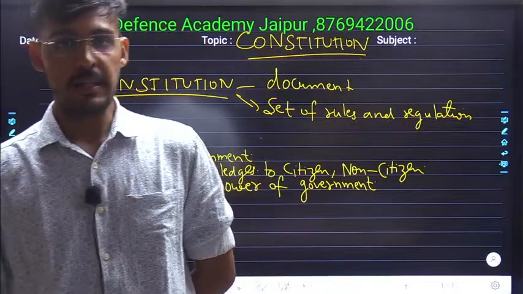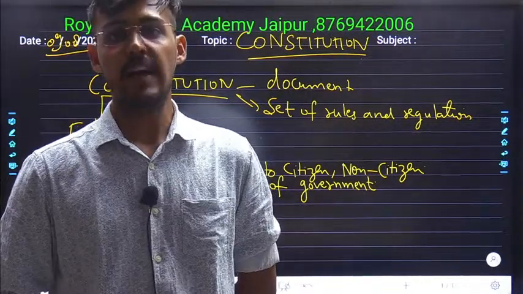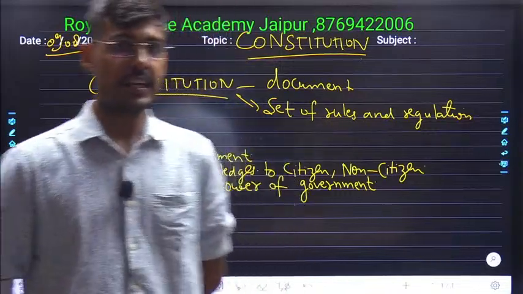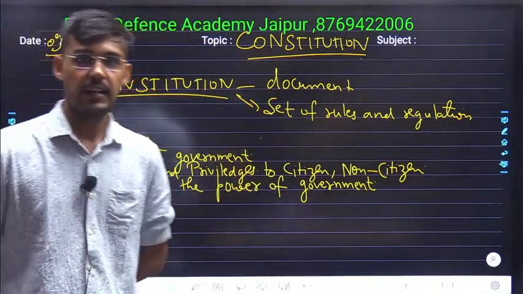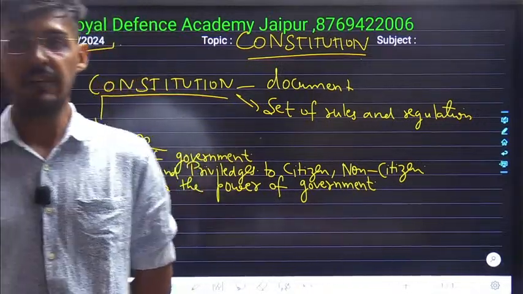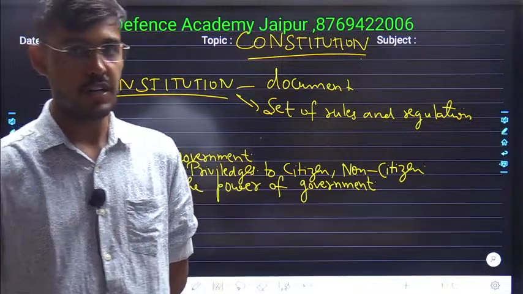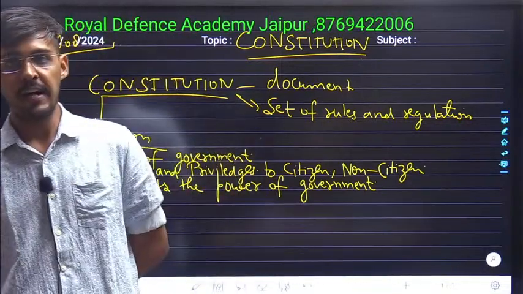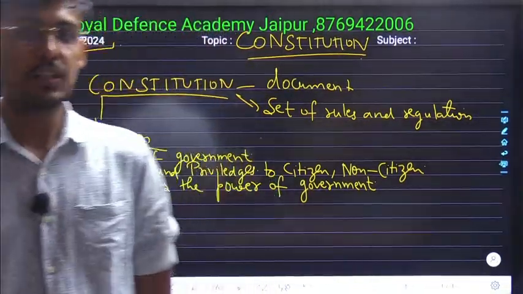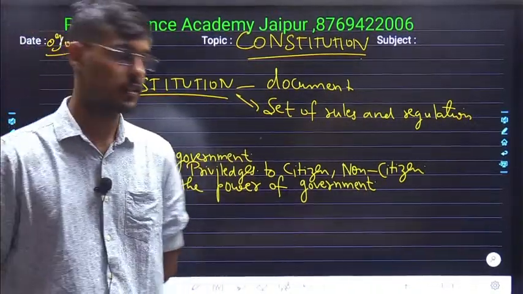These are the principles that have to be followed by the government while making rules, while making laws, while executing any action. These things are to be kept in mind by the government, and these directive principles ensure that an individual lives a life of dignity, and that the all-round social, economic and political development of the country takes place. That's why these directive principles are mentioned in Part 4 of our constitution.